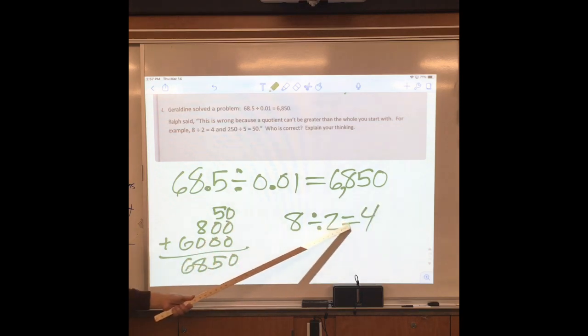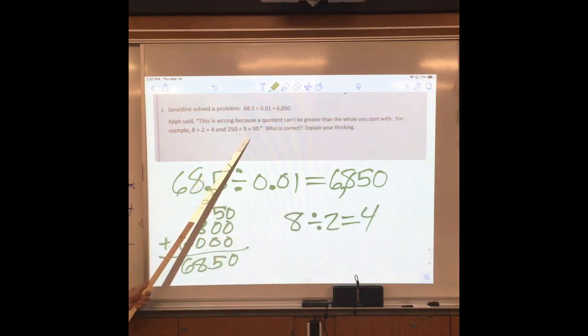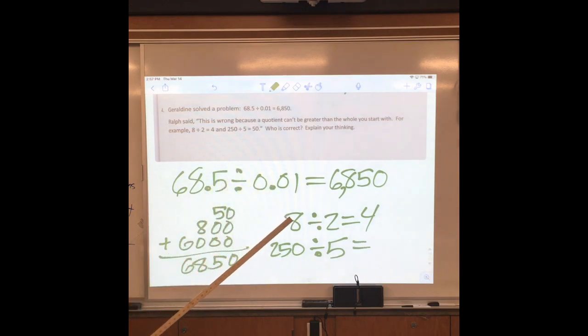We all know that, right? 250 divided by 5 is 50, right? So this is bigger than that. This one's bigger than that.